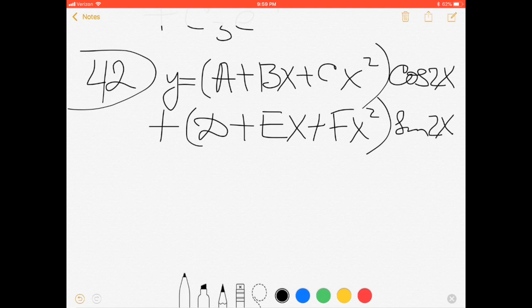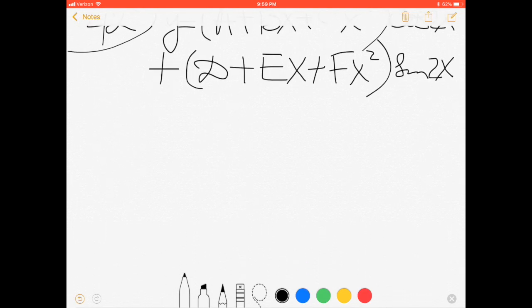Okay, what kind of information do we have here? First, the roots are complex numbers with only an imaginary part. Second, each root is repeated 3 times, because we have a polynomial of second order multiplied by the functions cosine and sine.